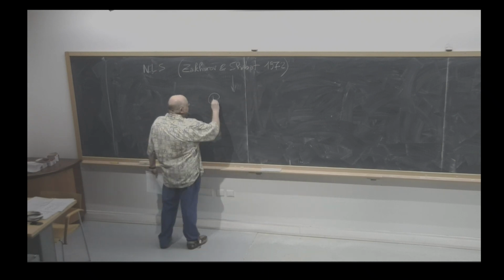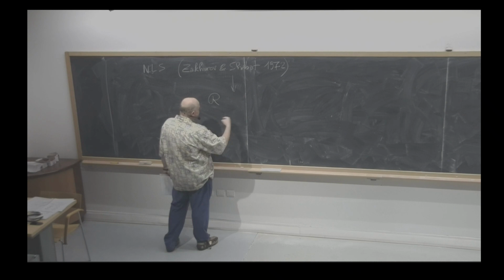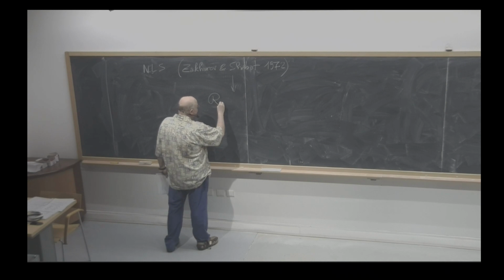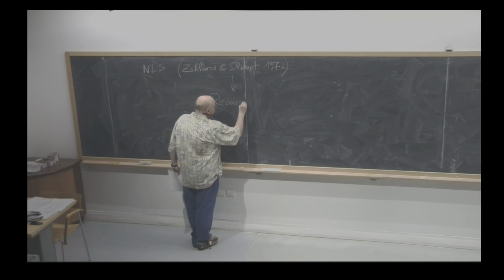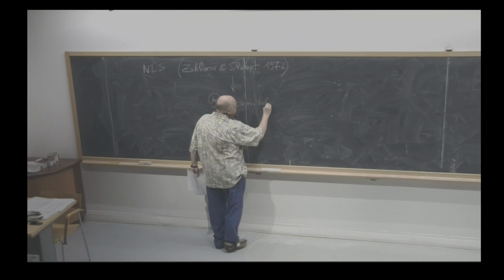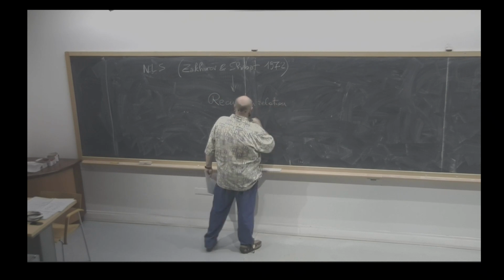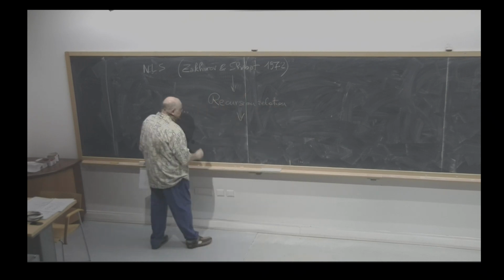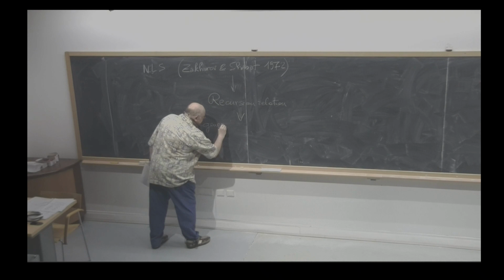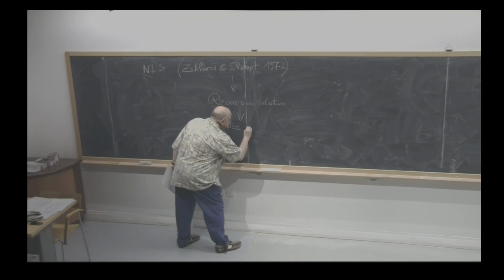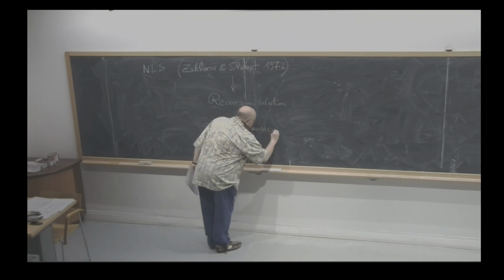You realize that at that time they had a paper. I won't do the formula for you because it's a bit elaborate, but we have a recursion relation that generates conserved quantities.